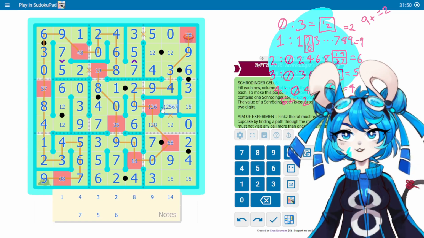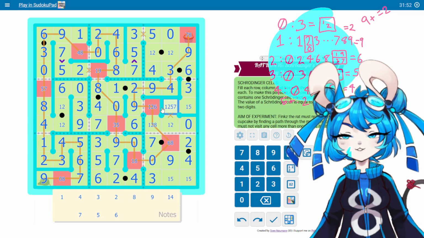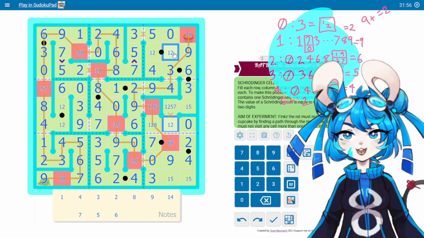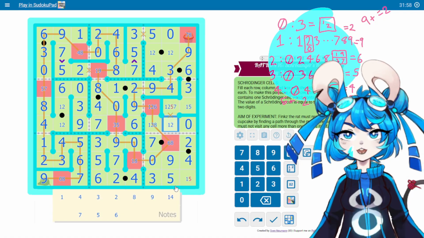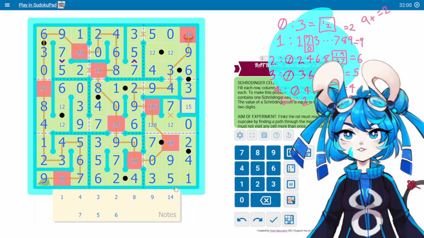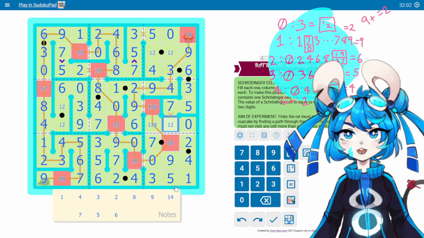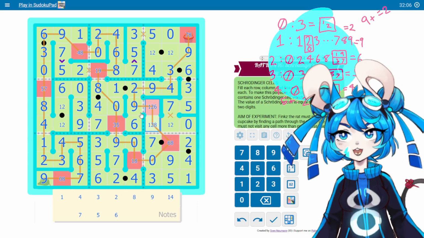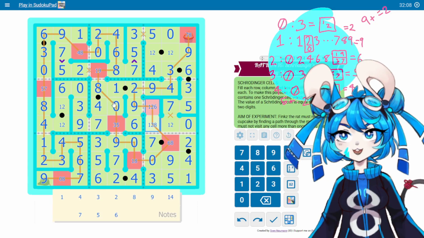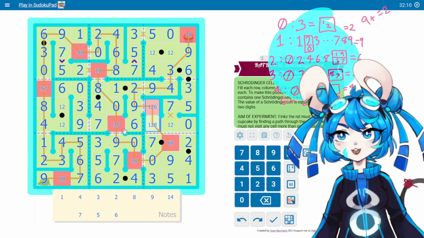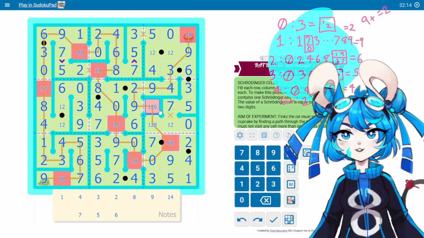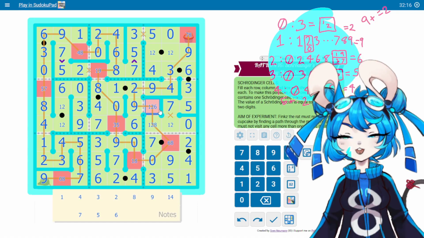Pulls a 7 out of this, pulls a 6 and 8 out of these cells. 1, 2, 5, and 7. We have a 1, 2 pair here, putting 5 here and 7 there. So these two cells either need to have a large difference or a small difference. The largest value this one can have is 2 plus 6, which is 8.